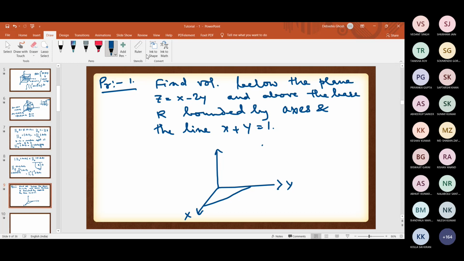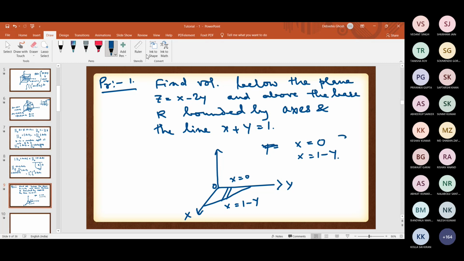So for that, what we are going to do, we just integrate by fixing y. If we take that region, x ranges from x equals 0 to this line, x equals 1 minus y.